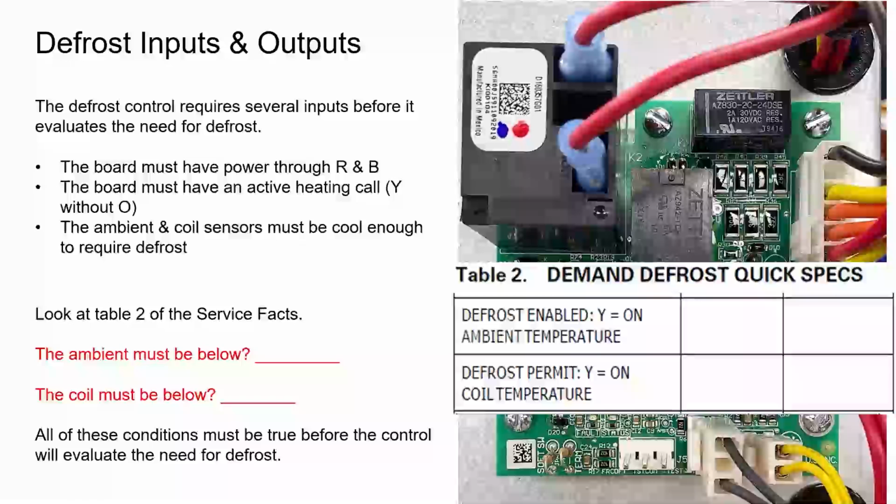The other thing is the coil has to be below 32 degrees, because if the coil's not below 32 degrees, we do not have ice forming on a coil because water freezes at 32. So we have to have that coil below 32 degrees.